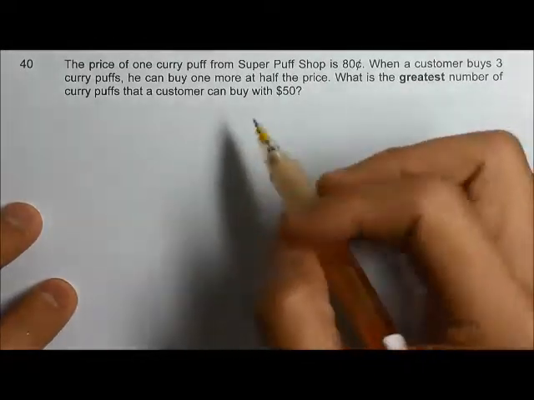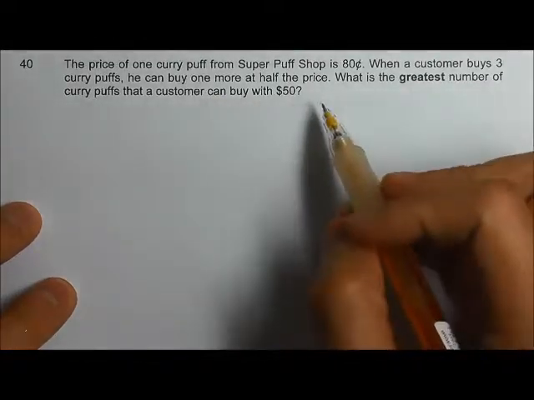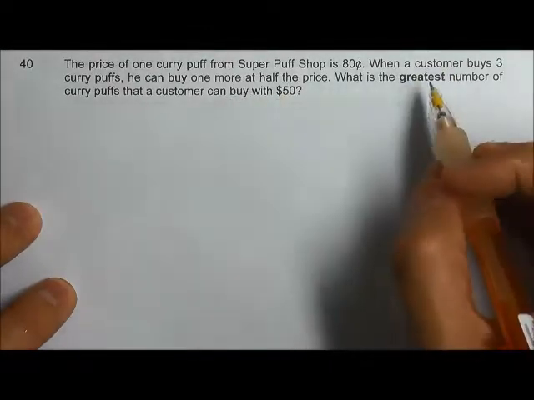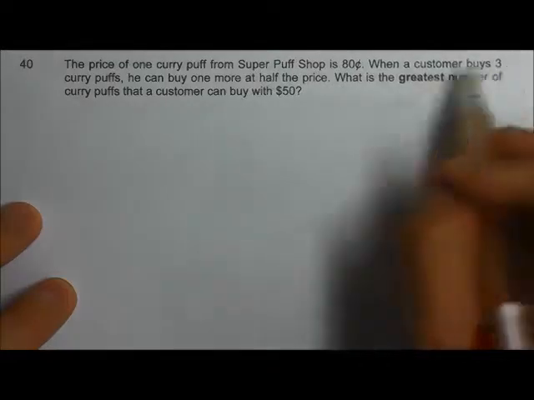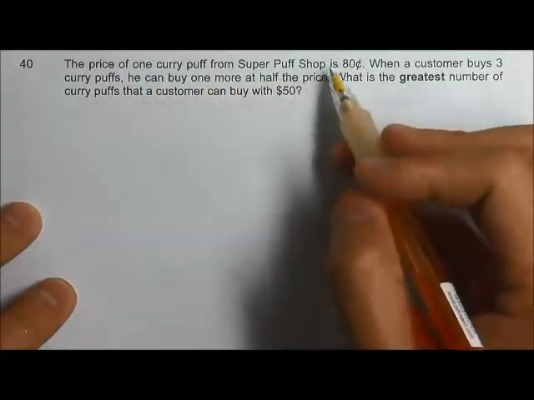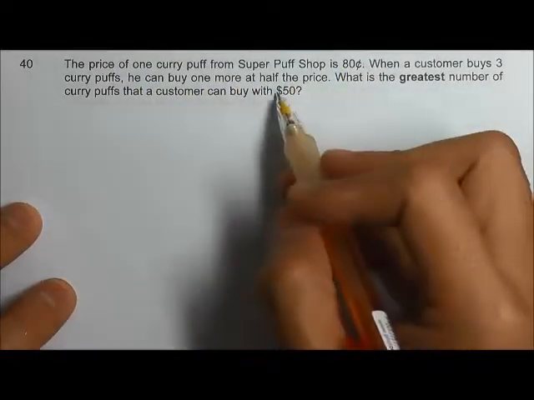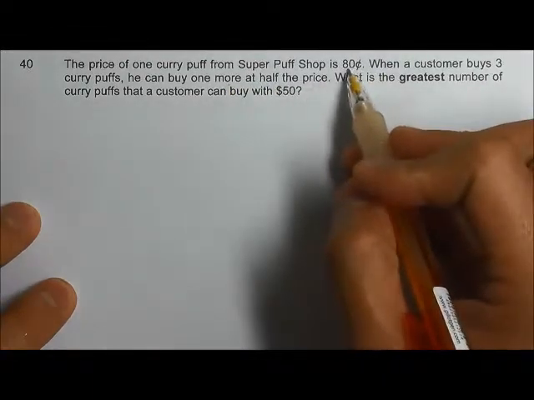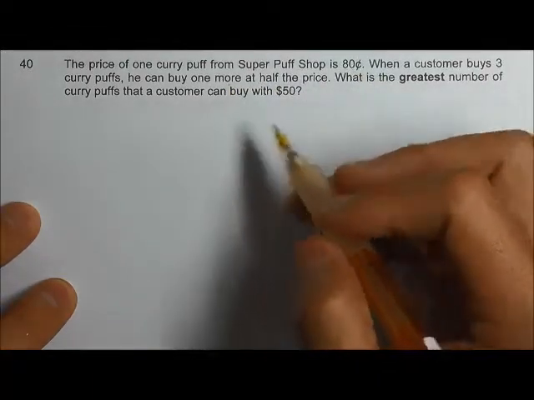Okay, we know that there's a special package for the curry puff if the customer were to buy 4 at one go, because when the customer buys 3 curry puffs at 80 cents, the fourth one will be at half price, which is half of 80 cents, that will be 40 cents.